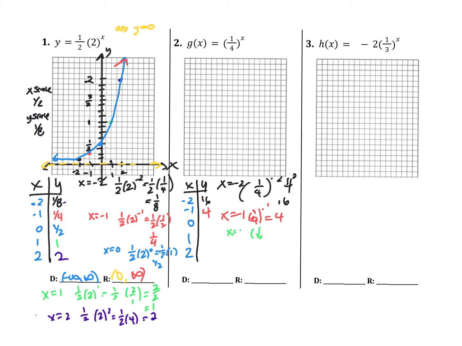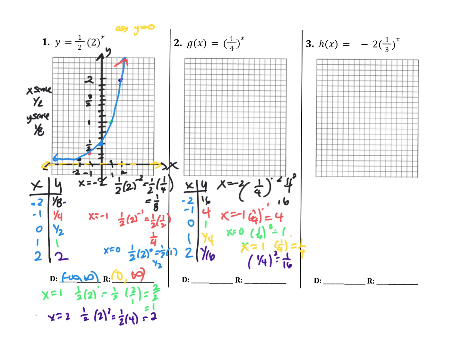If x is 0, 1/4 to the power of 0 is 1. If x is 1, 1/4 to the first power is 1/4. And if x is 2, 1/4 squared is 1 squared over 4 squared, which is 1 over 16.